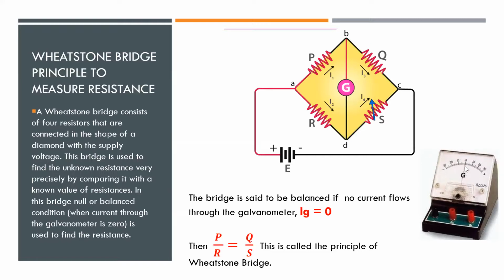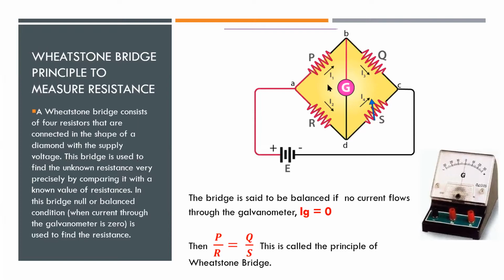Now, if there is current flowing through the circuit and this galvanometer is connected to it, it will deflect either to this side or to the other side. This pointer, which is a straight line now pointing towards 0, if it deflects to either side, it means a current is flowing through this galvanometer.